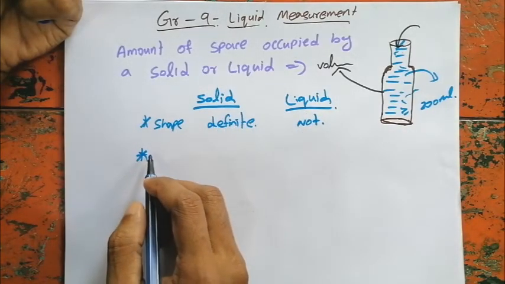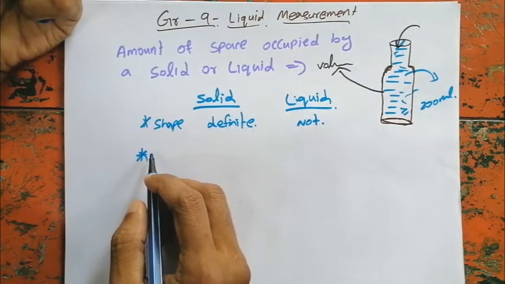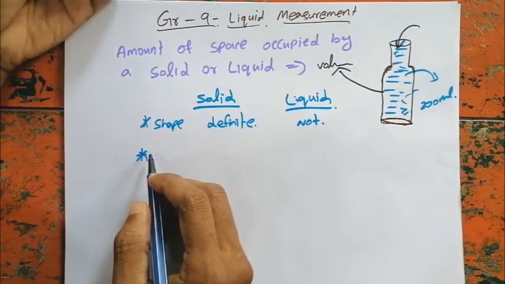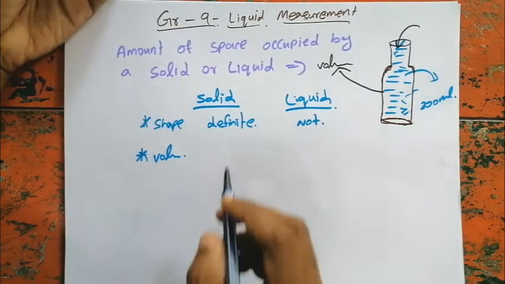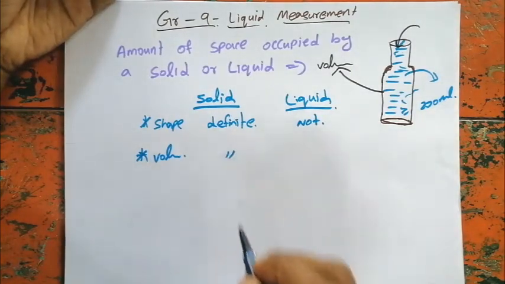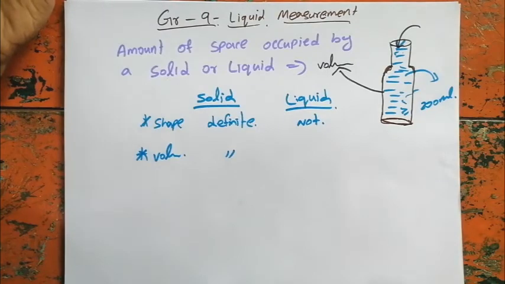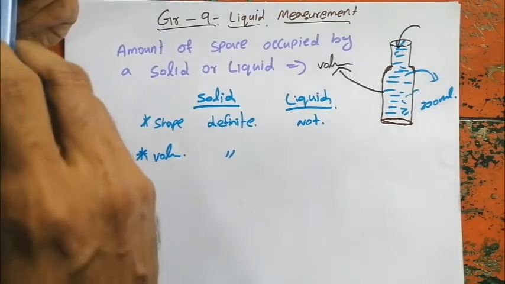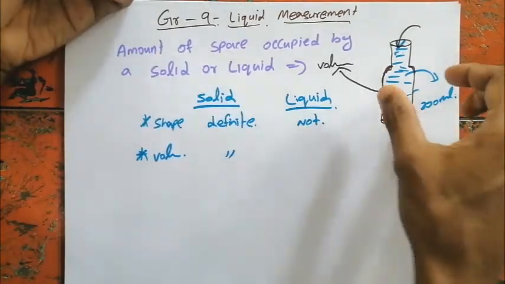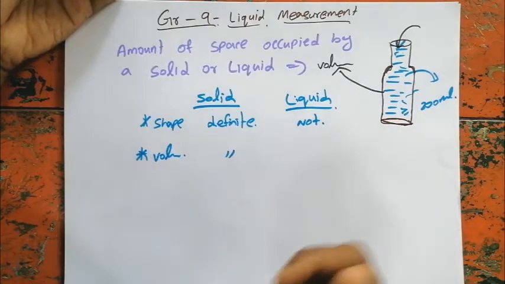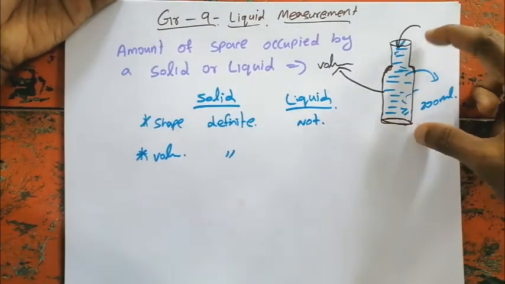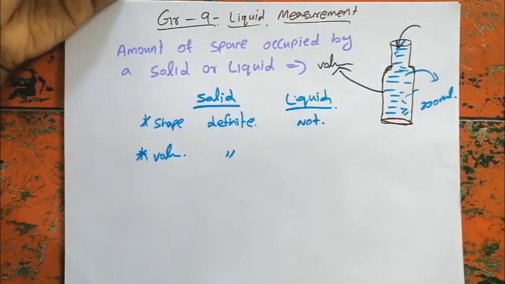What about the volume of the solid? Solids also have a definite volume. So if you fill 200 milliliter of water into this container, and the volume of this container is 200 milliliter, that's what we discussed earlier.